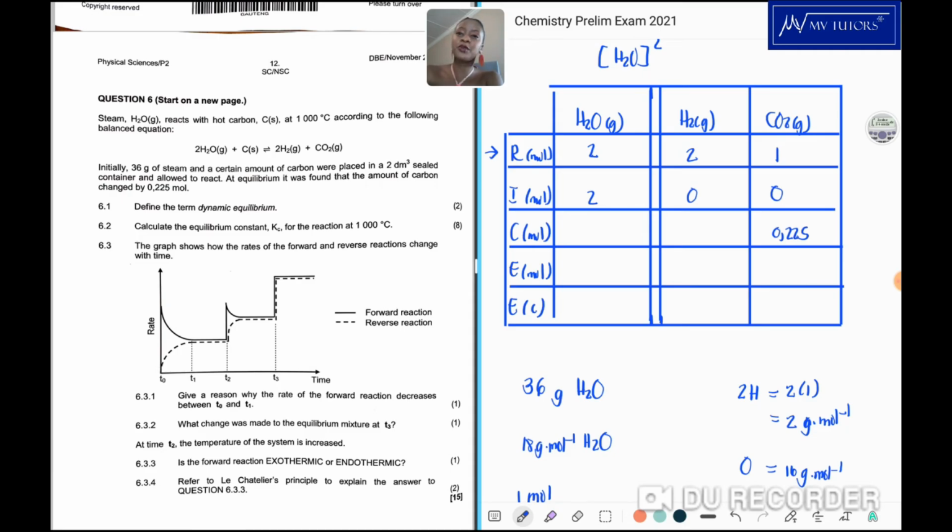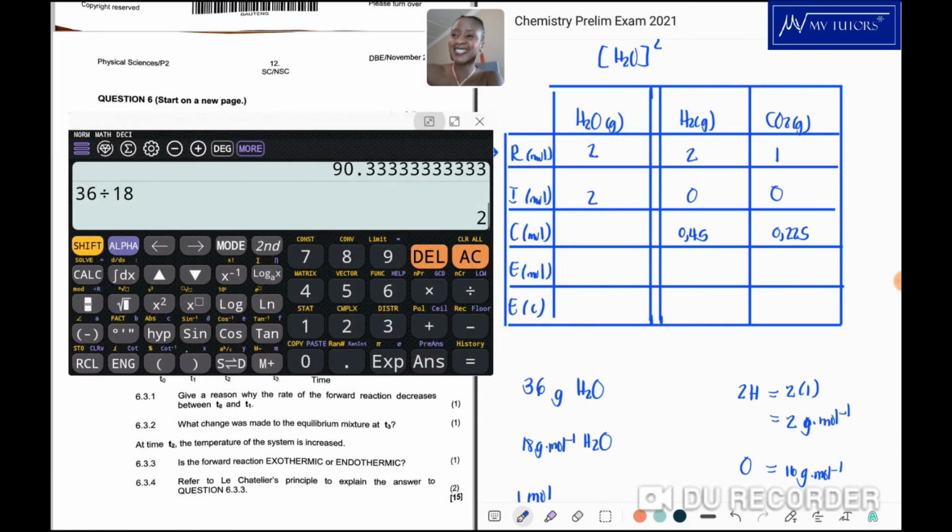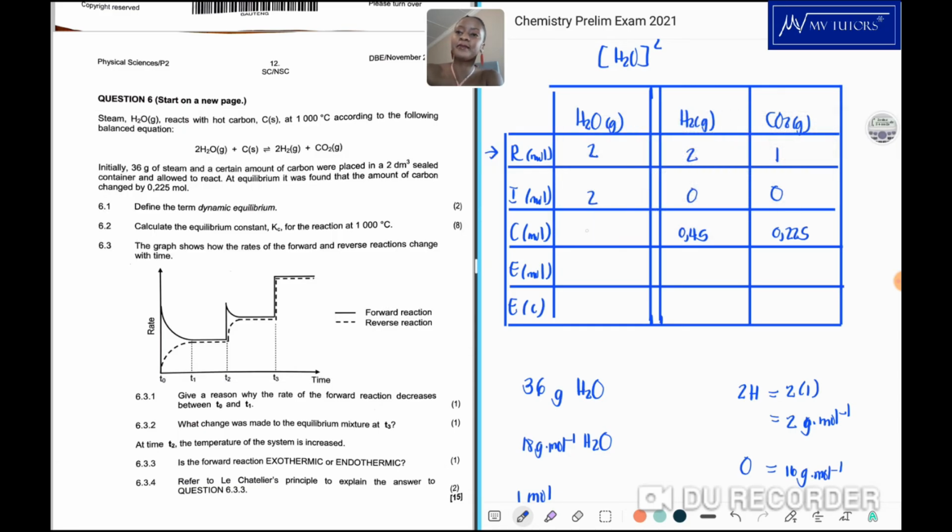So 0.225 should be 0.45. Let's just make sure: 0.225 times 2, yes, it's 0.45. And now to get the number of moles at equilibrium, remember, the reactants are being used up while the products are forming.